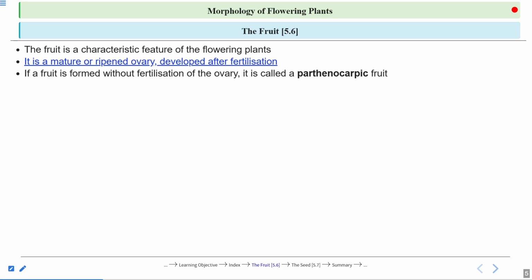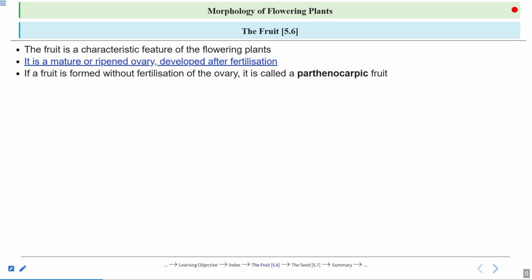Only the presence of that hormone should be there. That is done by horticulturists, the people involved in horticulture. So if a fruit is formed without fertilization of the ovary, that is called parthenocarpic fruit.